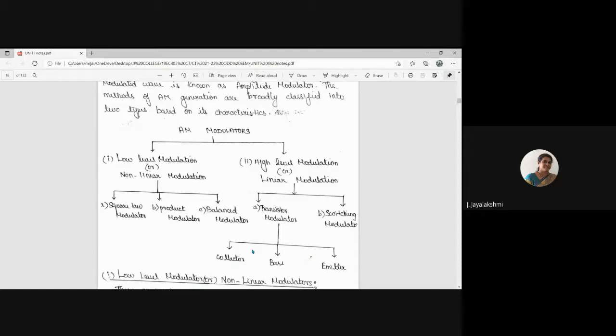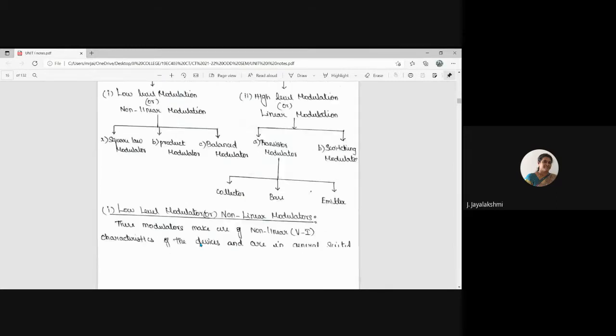Okay, so obviously we have got 5 types of AM modulation, which are classified into low level and high level modulation. All these low level modulation schemes have square law modulator, product modulator, and balanced modulator, the 3 different modulation schemes which can generate an AM wave. So these are the methods for generating the AM wave.